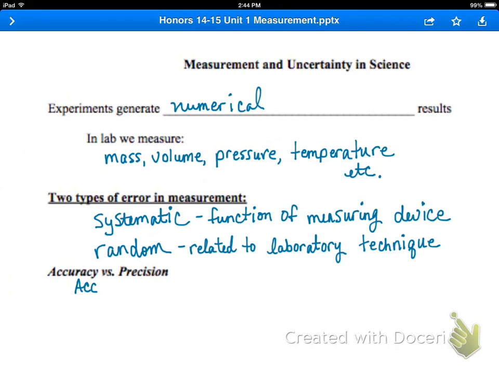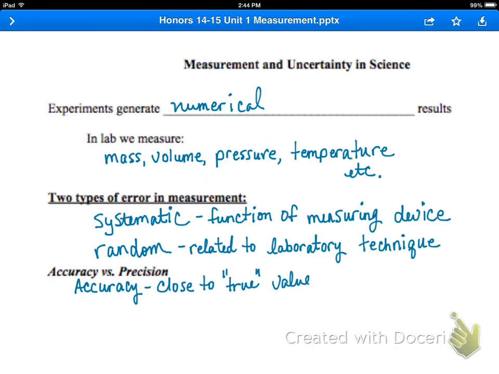I would have random error because I could do it 100 times and do it 100 times wrong and get that same error every time, because in every case I would have forgotten to subtract out the mass of the weighing dish.